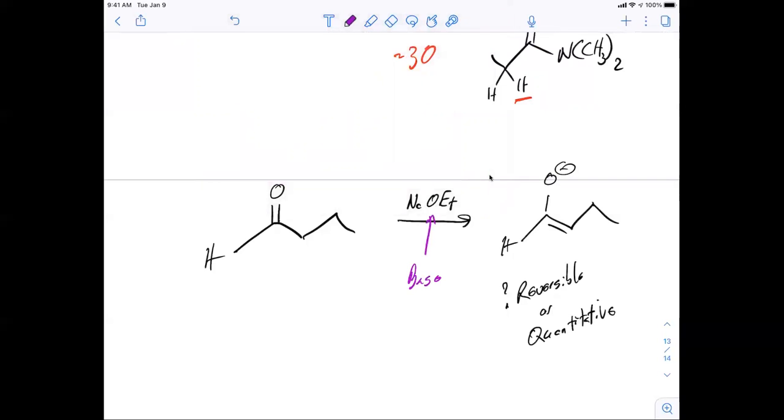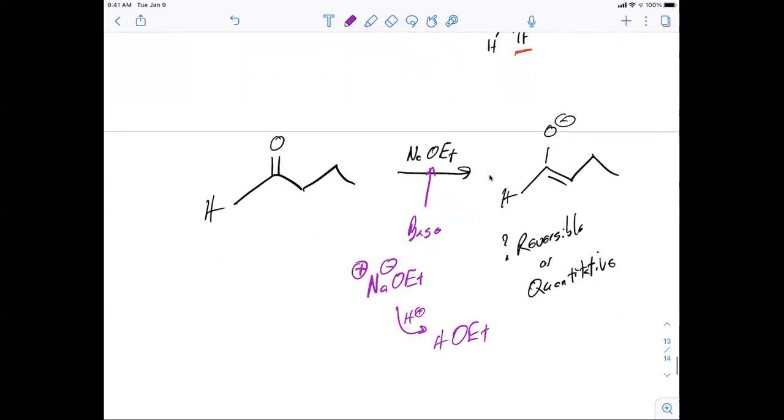And what I need to know for the base is, okay, I've got sodium ethoxide. That's this. But what's going to be the product once I pick up a proton? It's going to be this. So what's the pKa of that? It's going to be about 16. What's the pKa of these two protons?